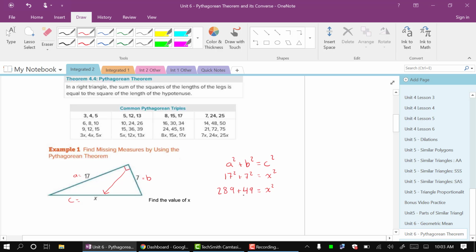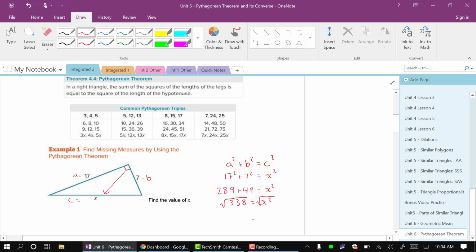So we squared these two. Now we want to sum them together, sum of the squares. So that means add the two of them together. So 289 plus 49 is 338 equals X squared. I want to take the square root of this because I want to find out what the length actually is. So square root of both sides.